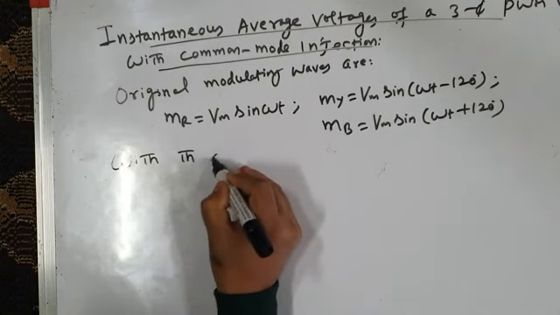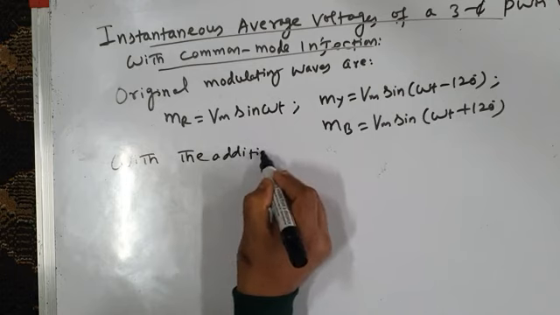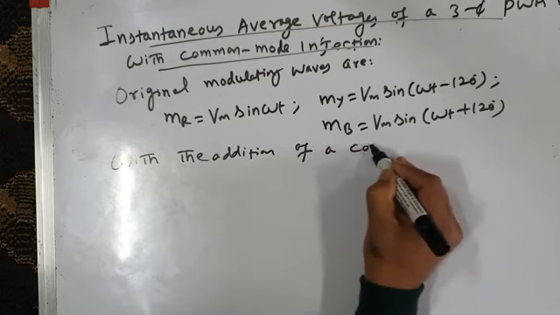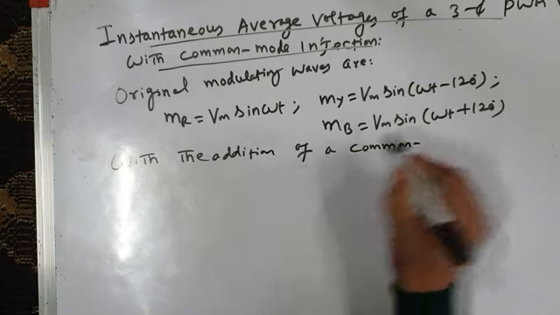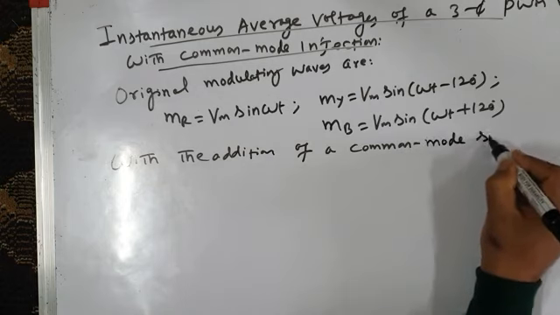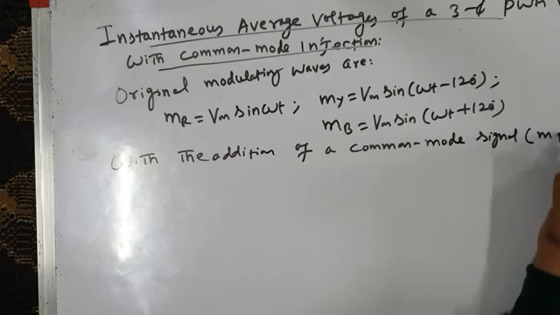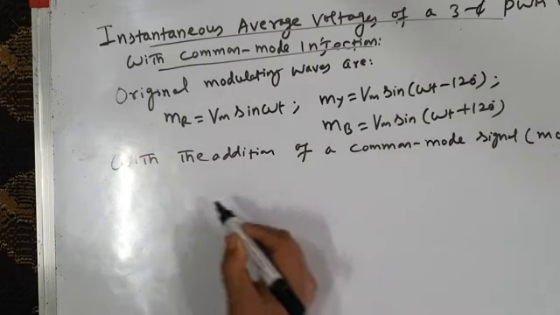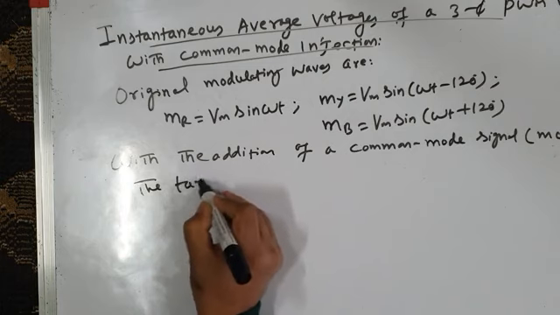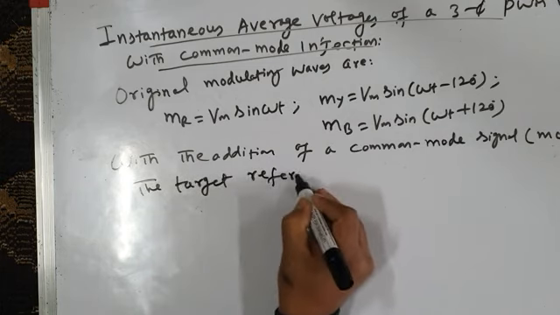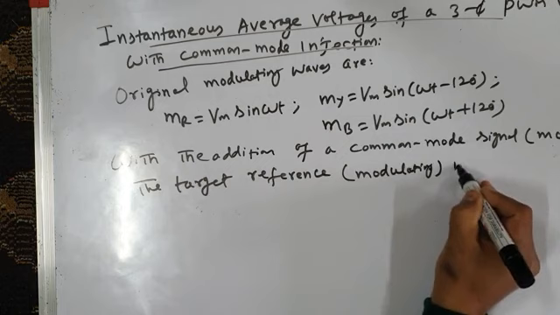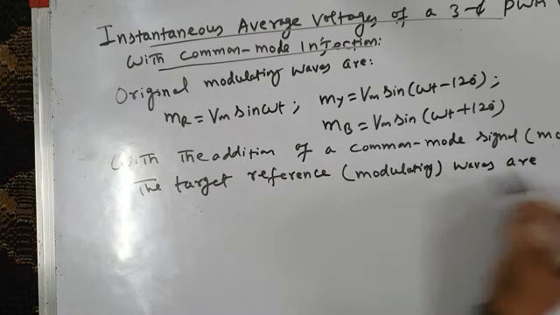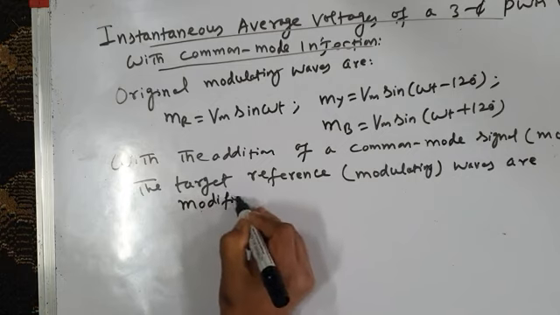So with the addition of a common mode signal, which may be a third harmonic wave or any other wave, with the injection of a common mode signal or common mode voltage MCM, the target reference or modulating waves are modified as follows.